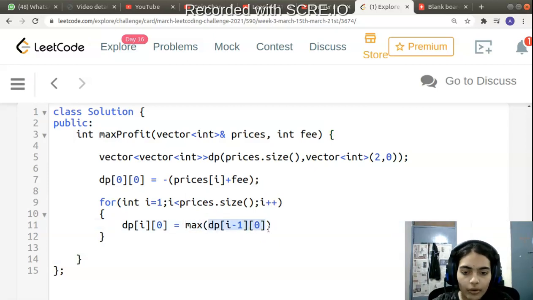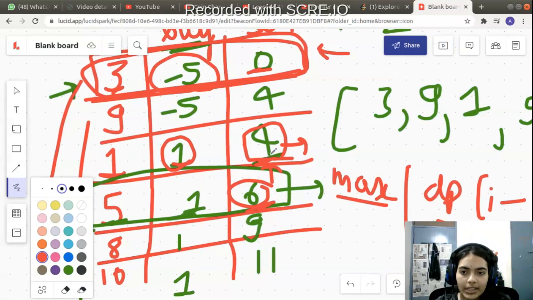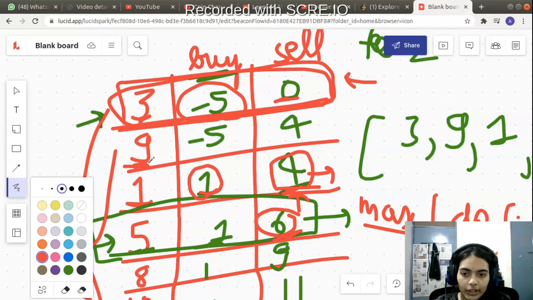So maximum of dp of i minus 1, 0. Consider this particular day. Either I just hold the stock from previously, so I take this particular value, or I buy a stock on that day. If I buy a stock on that day, I will be able to retain the profit of previous sellings, but I will have to pay the cost of this particular day.